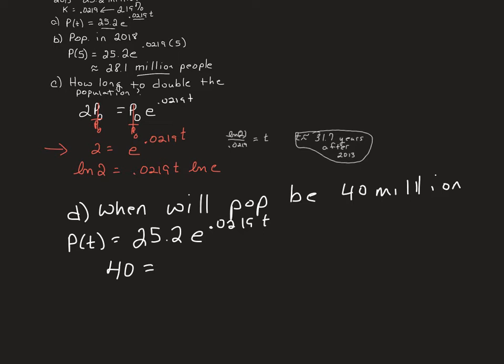So 40 equals 25.2 e to the 0.0219t. And then we simply solve the equation, divide both sides by 25.2.